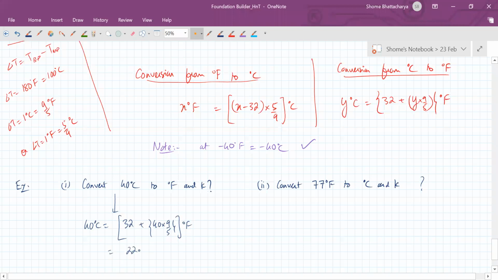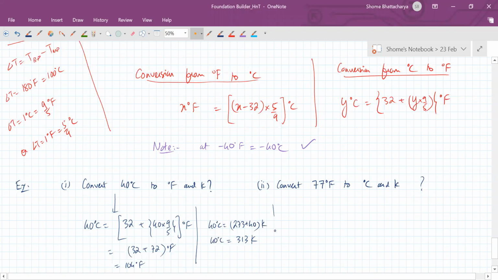So it will be 104 degrees Fahrenheit. Correct. And also 273 plus 40, so that is 313 Kelvin.